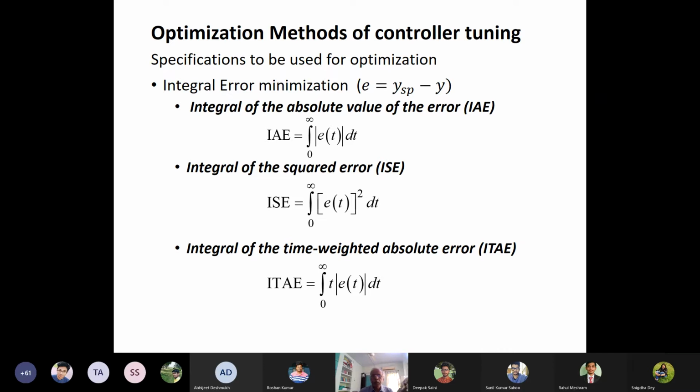One is the integral of the absolute value of the error. Second one is the integral of the squared error. And third one is the integral of the time-weighted absolute error. Normally we use the time-weighted absolute error or time-weighted square error to take into account the system where the system response is sluggish.